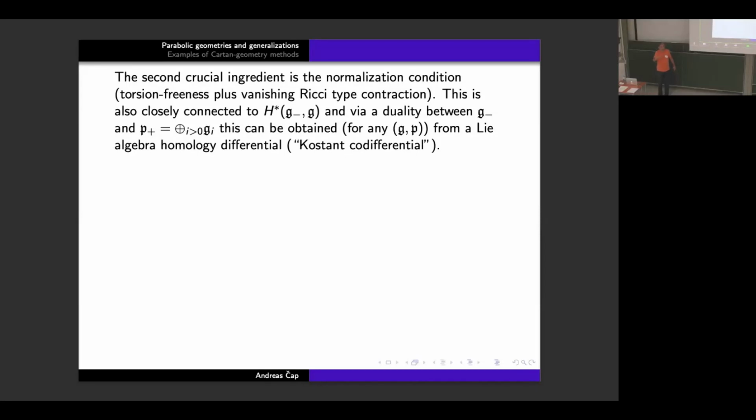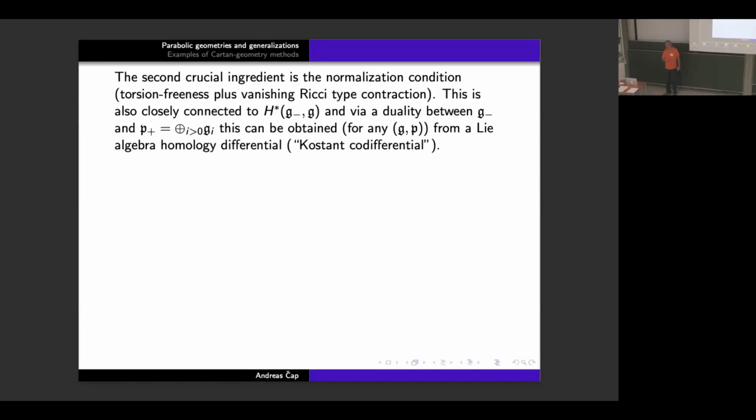Finding analogs of this description is again just a linear algebra or representation theory problem, but this is the most complicated step in a way whenever you want to construct canonical Cartan connections. And again, this is very closely related to this Lie algebra cohomology of G minus with coefficients in G, this time to the second cohomology.